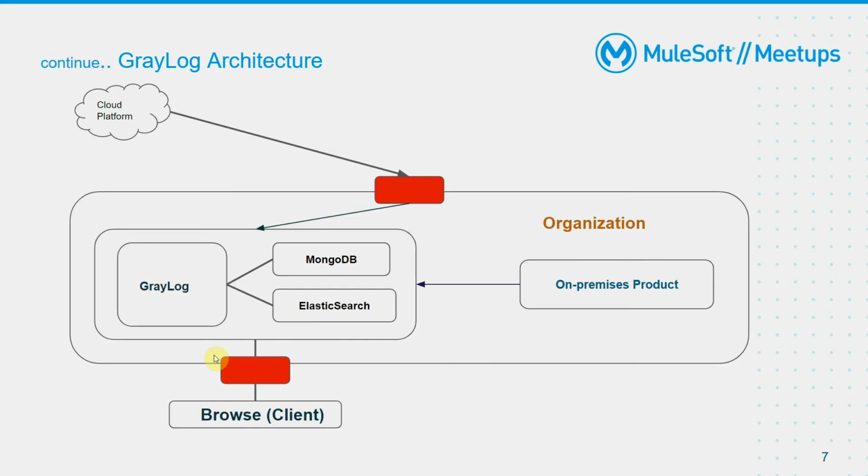Here is the main architecture of Graylog. These are the Graylog services. The data is sent to Graylog from external systems, beyond the network, and also from within the network. Graylog maintains MongoDB and Elasticsearch to hold the analytical data, the indexes, and the Graylog platform user details.